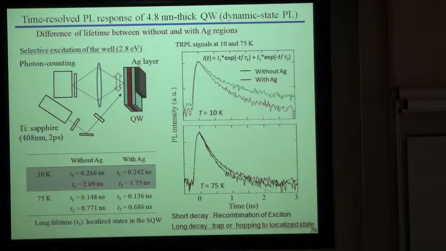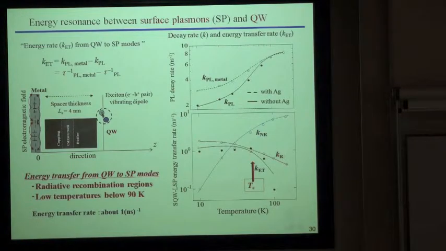But at low temperature, on the other hand, when the sample is covered with silver, a very long lifetime can be observed. It suggests that the information from the quantum well layers is transferred to the silver layers.